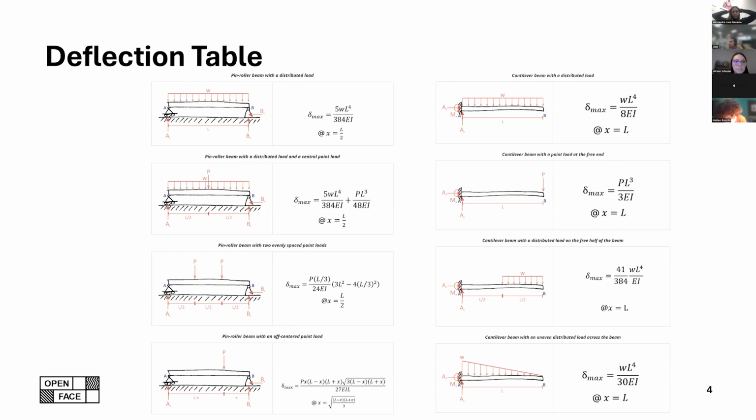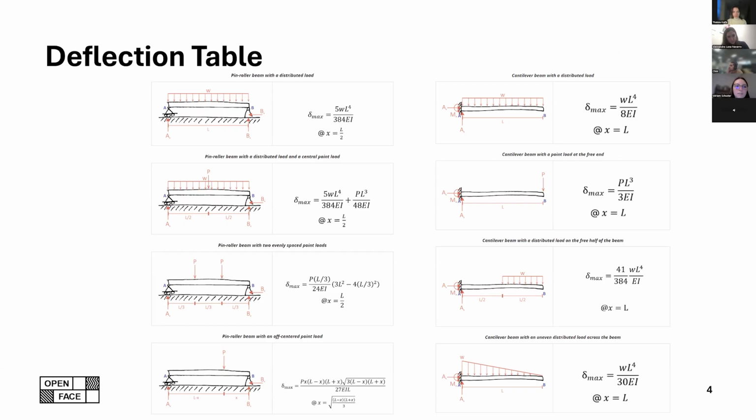Yes, so maybe I'll just comment on the table very briefly. We have two different structural systems here. On the one hand, the single supported beam, and on the other hand, a cantilever. The left-hand side is the single supported beam, the right-hand side is the cantilever.